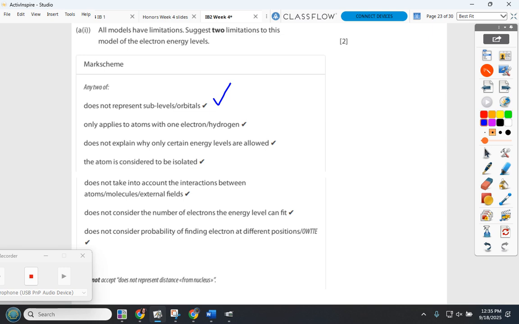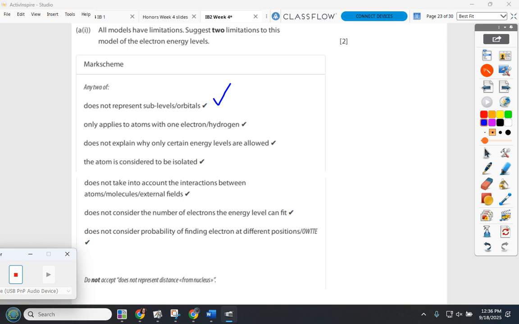Same idea: doesn't take into account interactions between atoms or molecules. Doesn't consider the number of electrons that any given energy level can fit. So energy level 1 only fits 2, etc. That's not included in that model. Or really thinking about it in terms of probability of finding an electron, rather than thinking about it, as in the Bohr model, as distinct levels, as if they were places where the electron would go. So any of those things would have been acceptable.